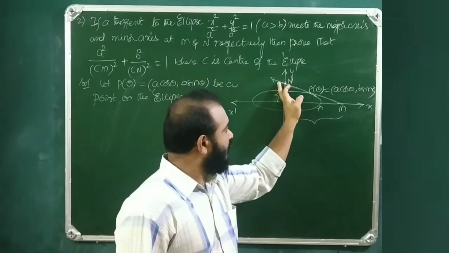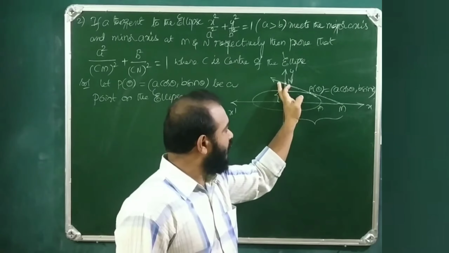Since this is of the intercept form, x by a plus y by b equals 1, what is the feature of the intercept form of a line? This cuts the x-axis at a by cos theta. Since this point M is on the x-axis, the y coordinate is 0.